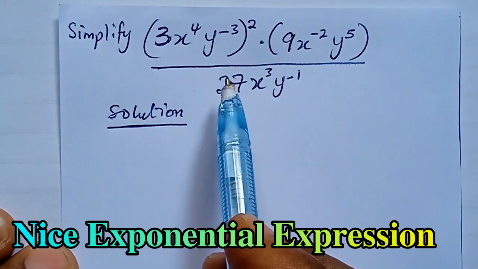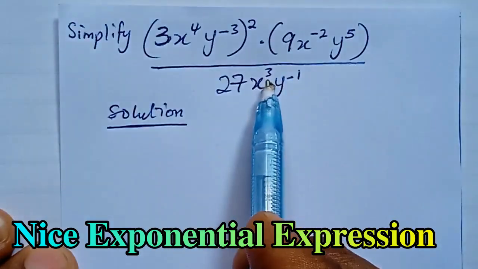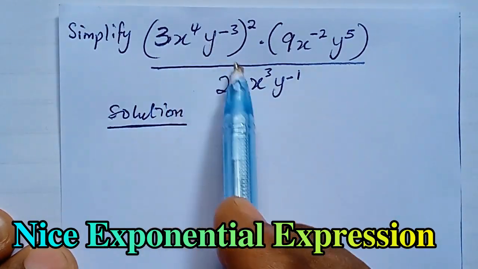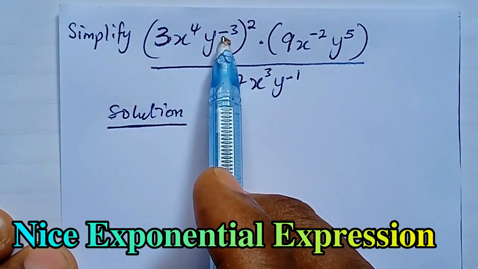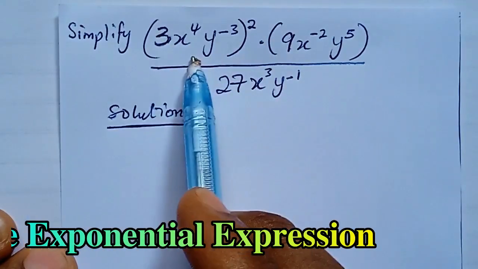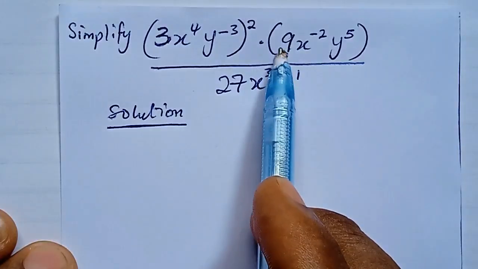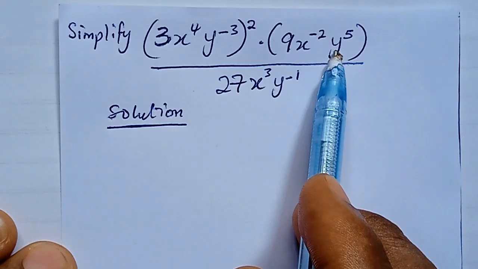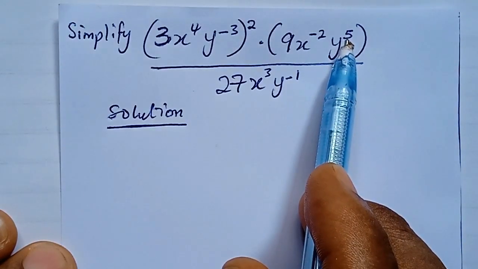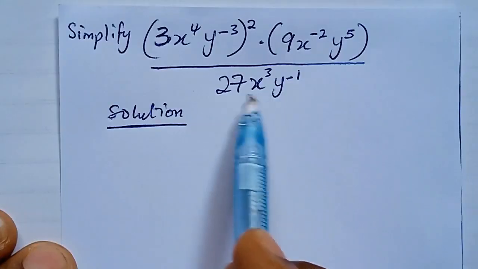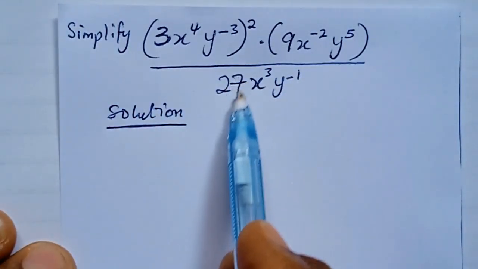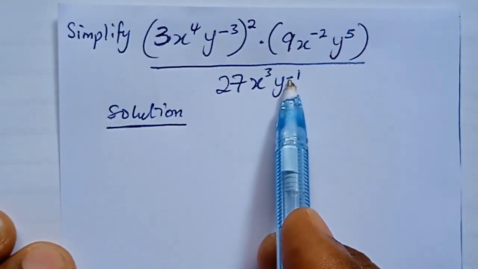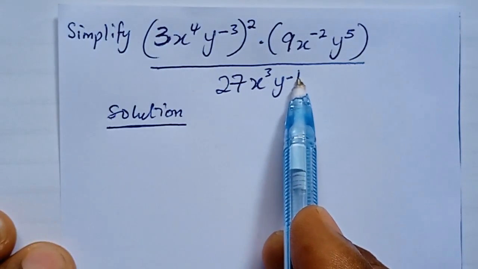As you can see, this expression with exponents: (3x^4 y^-3)^2 multiplied by (9x^-2 · 5y^5), all over 27x^3 y^-1.